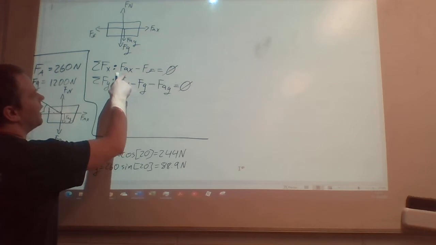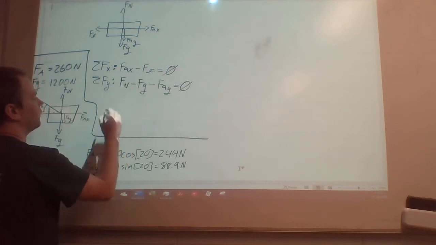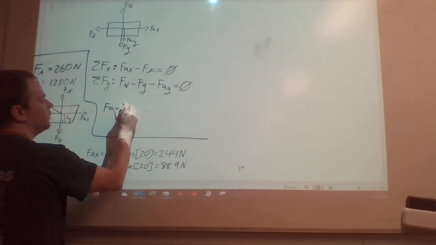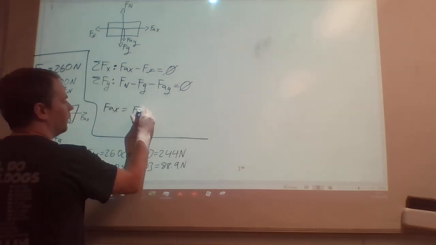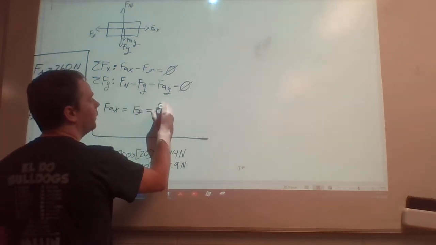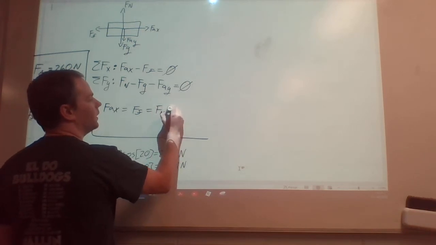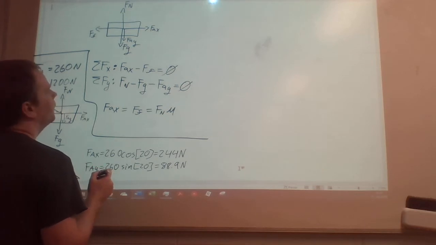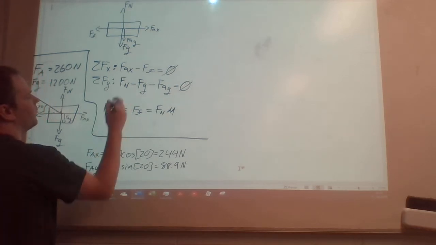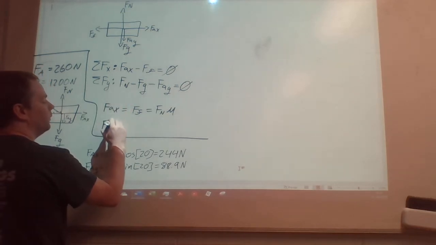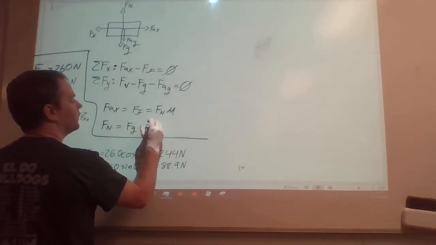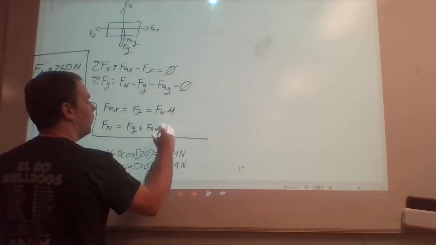First off, we know that FAX is equal to the force of friction, which is equal to the normal force times the coefficient of friction. And then we can also get from this that the normal force is equal to the weight plus FAY.